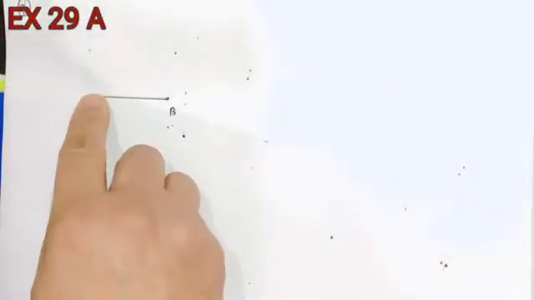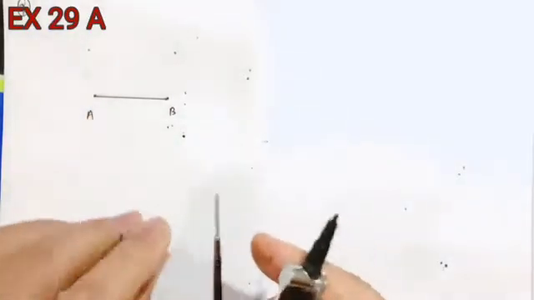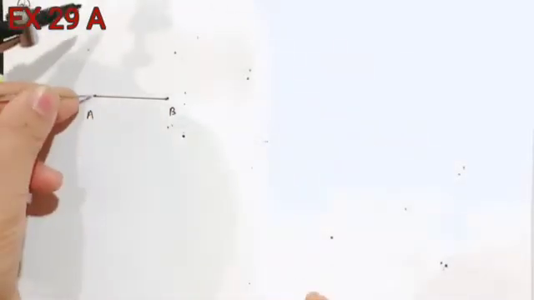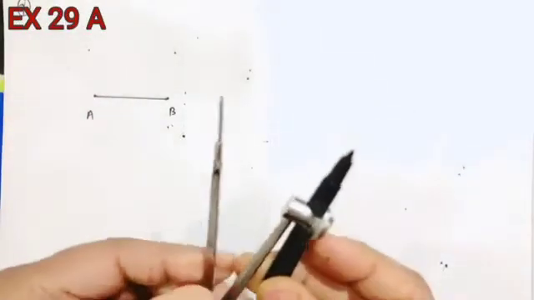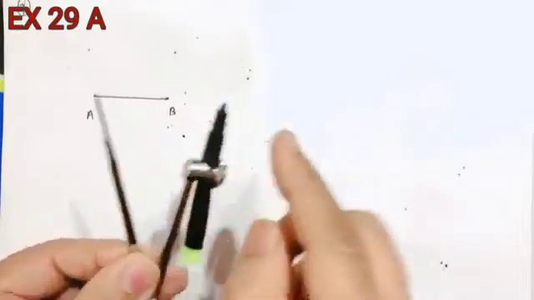So when A is the center, naturally our central point should come in the middle, and the radius should be equal to 4 centimeter.